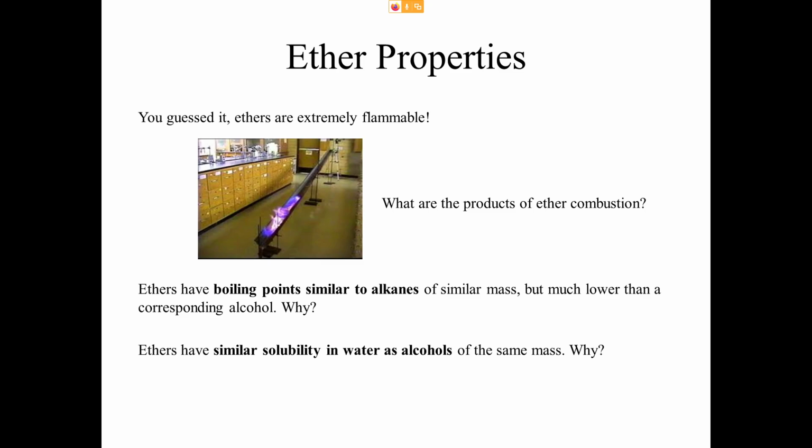Why? Remember we said if we add a carbon, the boiling point goes up about 30 degrees. If I add an oxygen, the same thing happens, as long as it's not an OH. What happens if you add an OH? It goes up dramatically. How much, on average? 70, right? About 100 degrees.